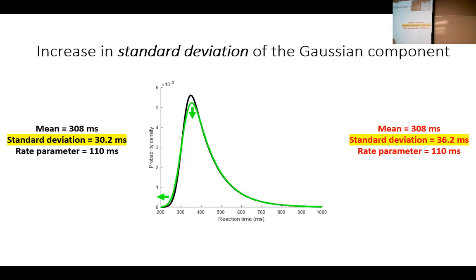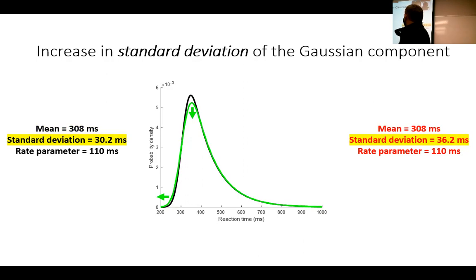So it gets bigger, so this gets pulled out. And the area under the curve has to stay the same. It has to add up to 100%, if you will. So if we stretch out the area of the shape, the peak has got to get lower, so that we have the same total area underneath the curve in both cases.